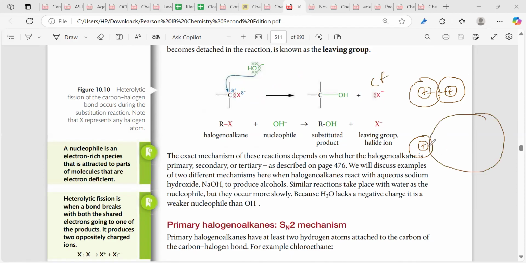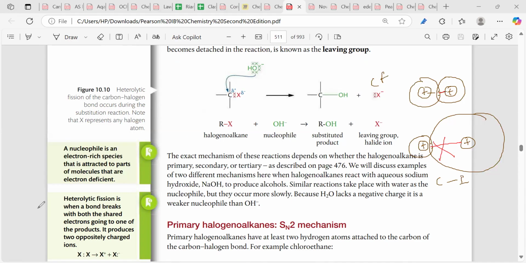So where will the bond be weakest? Ashvi? C-I. Leslie, can you tell me where will the bond be weakest? In C-I, because there's more distance. Noor, you got it. The nucleus is far away from the shared pair of electrons. It's easier to break.